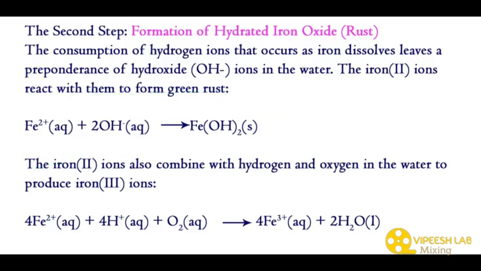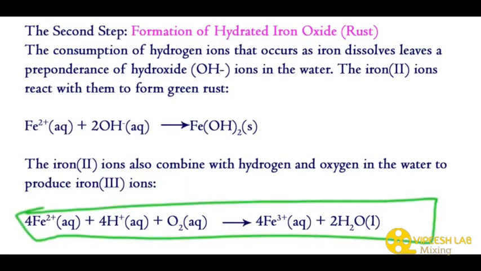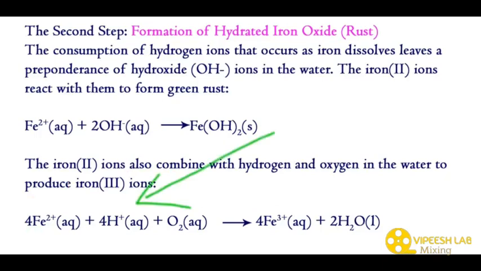The iron 2 ions also combine with the hydrogen and oxygen in the water to produce iron 3 ions. That means it is again converted into iron 3 ions. Look at the equation for Fe2+ that is in aqueous form, will be mixed with hydrogen as well as oxygen.